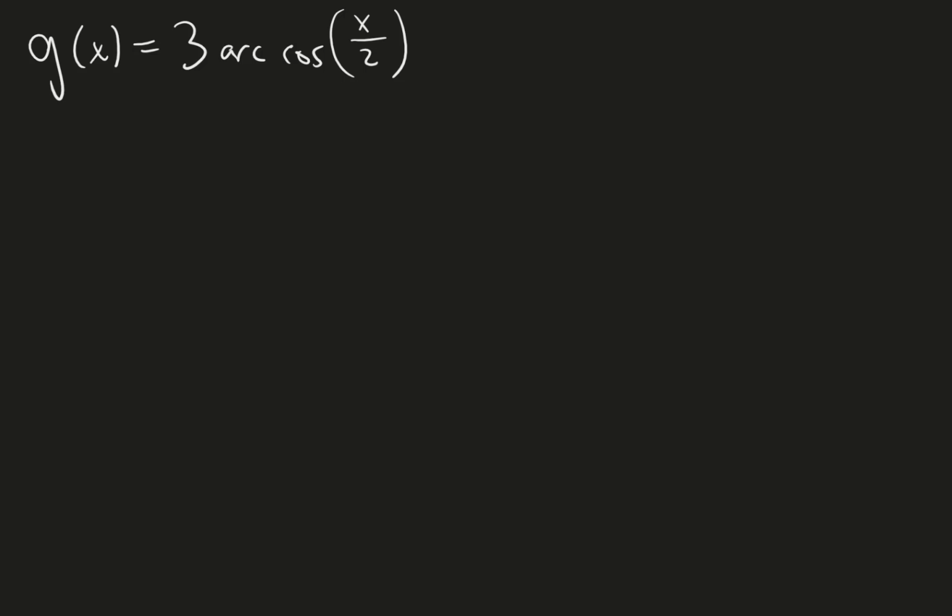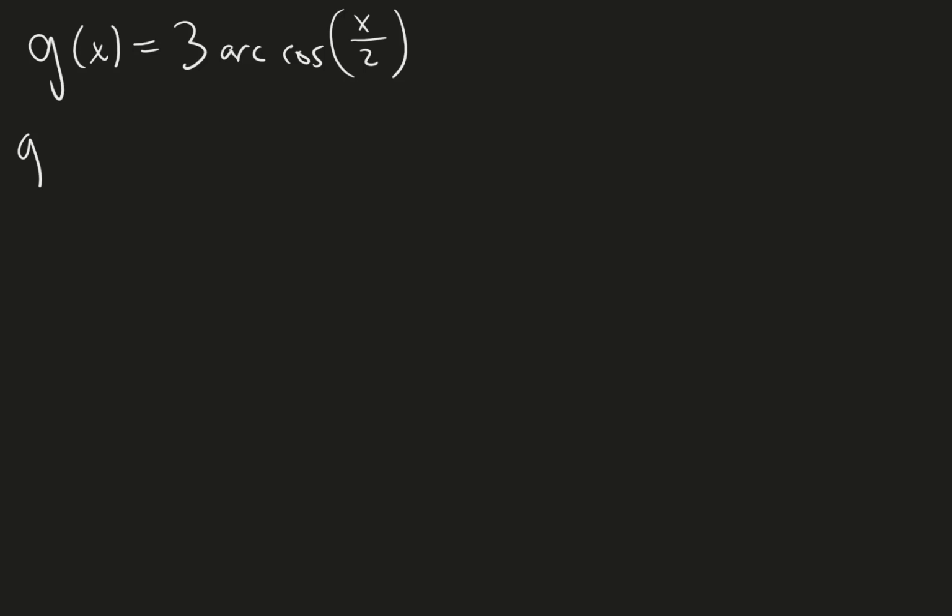Do the derivative of inverse cosine, and unlike a lot of questions, this one we are going to have to also worry about the chain rule as well, because this is not just inverse cosine of something that has a derivative of 1.